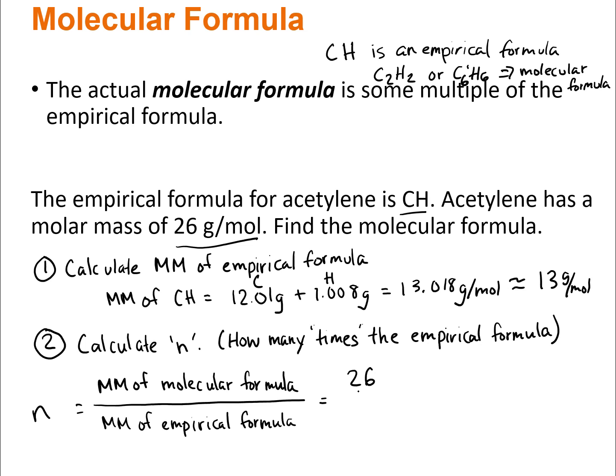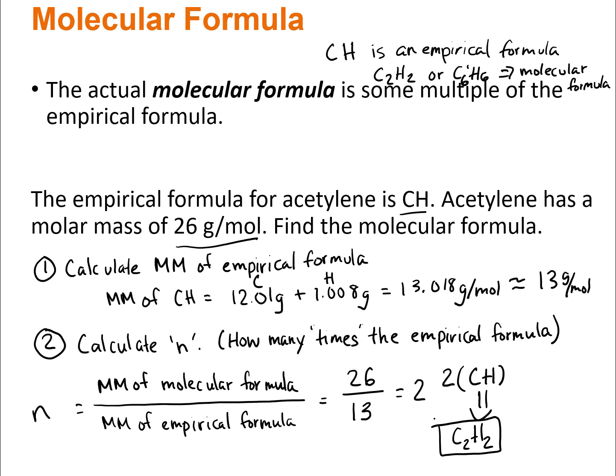Here we're saying 26 divided by 13 equals 2. So we take our empirical formula and multiply it by 2. This is our molecular formula.